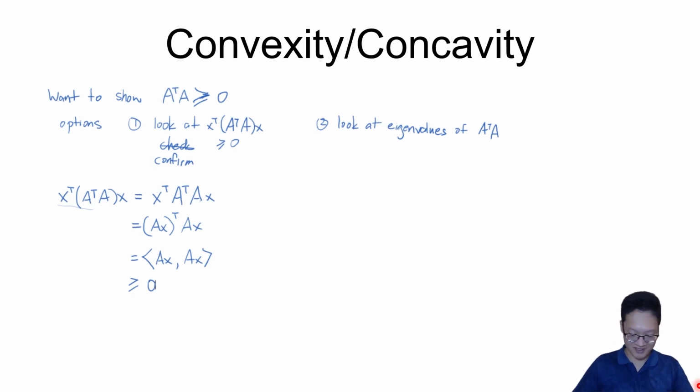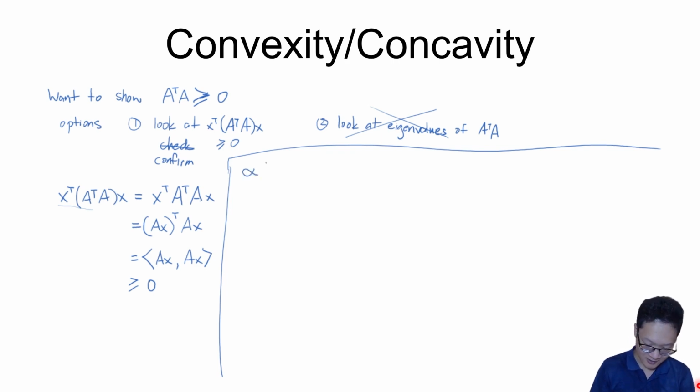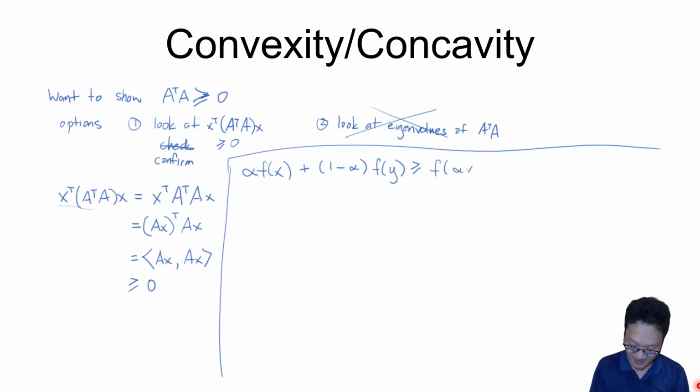I guess we have a bit of room on the right side here. Let me write this down. I'm going to do a scalar example where x is just a scalar variable. A convex function always satisfies this property: alpha f of x plus 1 minus alpha f of y must be greater than or equal to f of alpha x plus 1 minus alpha y.